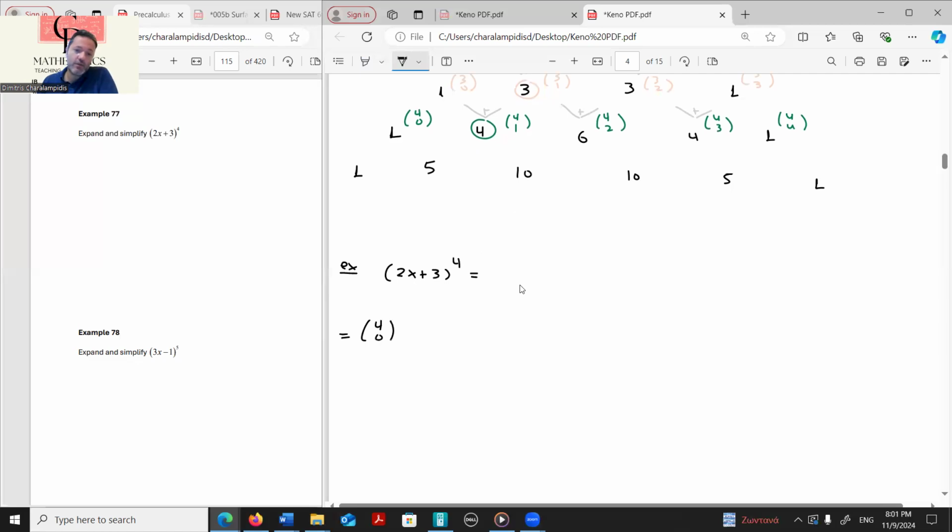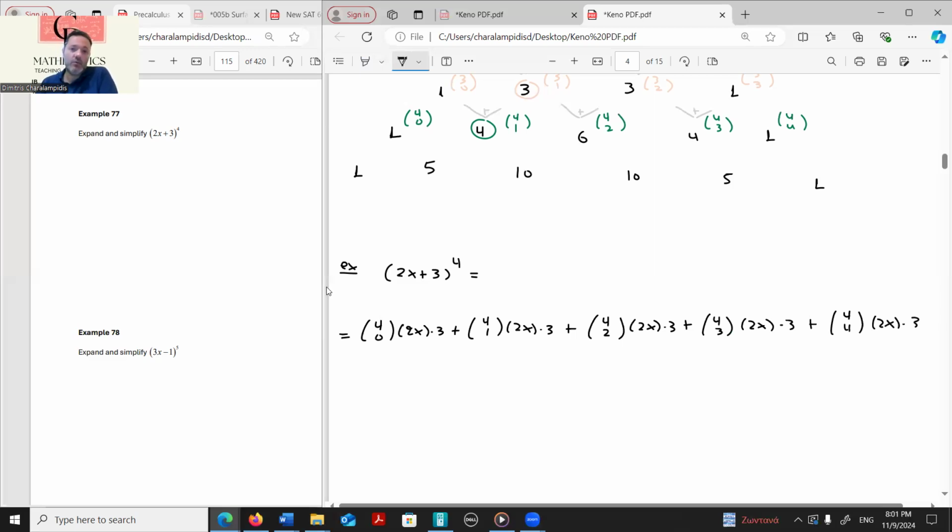It's 4 choose 0 times 2x times 3, plus 4 choose 1 times 2x times 3, plus 4 choose 2 times 2x times 3. I'll put the exponents at the next step. Plus 4 choose 3 times 2x times 3, plus 4 choose 4 times 2x times 3.